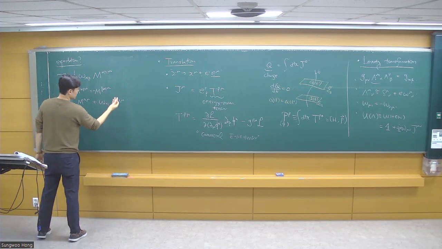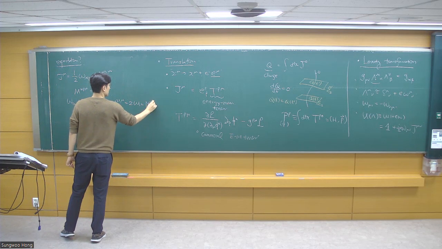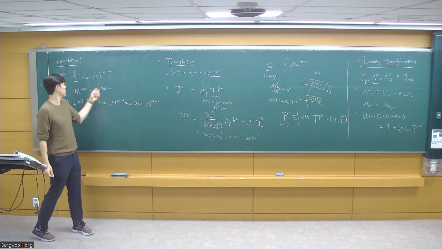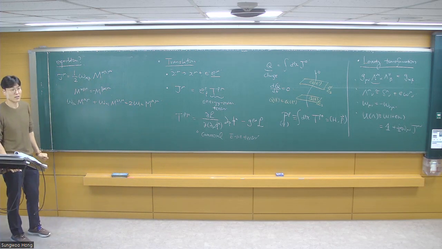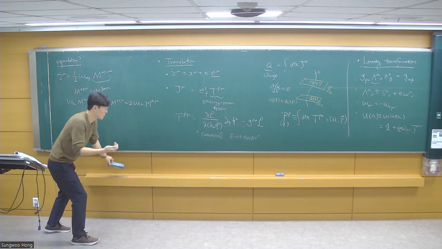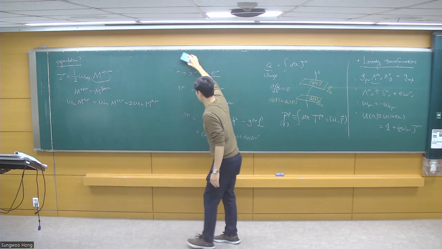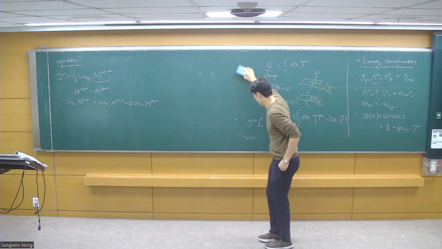But by antisymmetry, this is the same as 2 times 1, 2 mu. So there's a redundancy, right? So I'm just dividing by 2 so that it only has a single factor of each one. That's the definition. So the question is, who is this in terms of field theory? In terms of the quantum field, what is that tensor? So let's construct that.